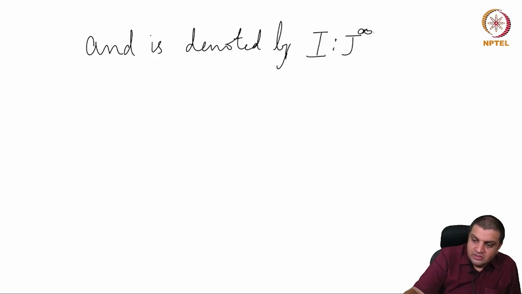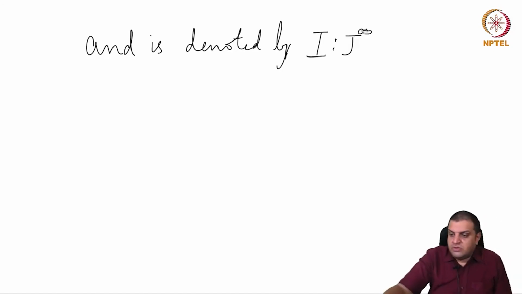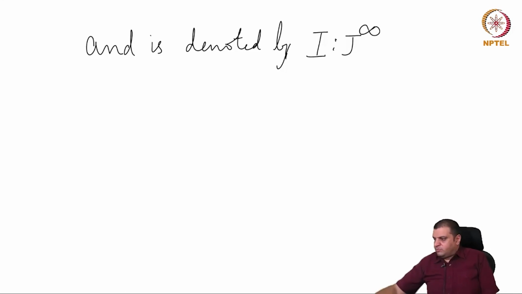Suggestive notation. This is what happens when you take increasingly higher powers of J and it goes to infinity. Okay, and it stabilizes after a while.